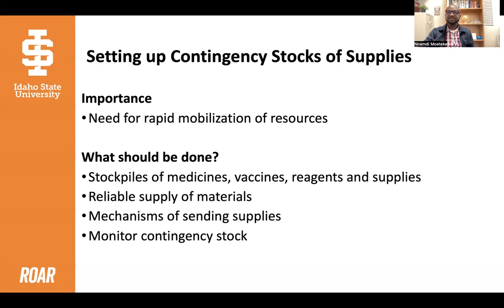Stockpiles of medicines, vaccines, reagents, and supplies should be established and pre-positioned at all levels before an emergency occurs. And we should have an efficient supply chain, which includes maintaining a reliable supply of these stocks and other materials, and ensuring quick centralized mechanisms of sending out these supplies when needed. And then there should be regular monitoring of contingency stock to avoid shortages and expiration of medicines, vaccines, reagents, and all other supplies.